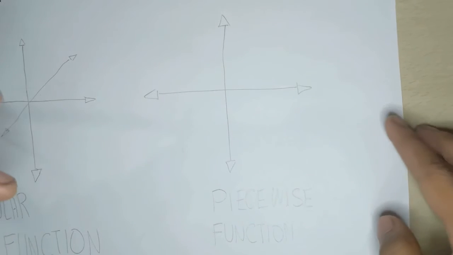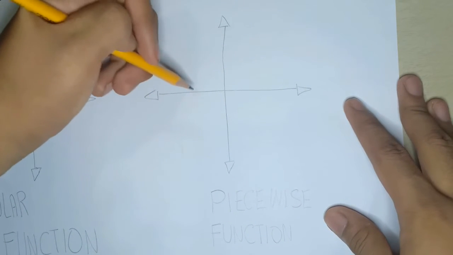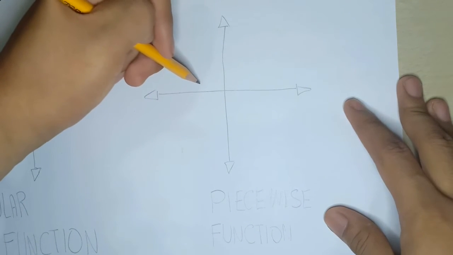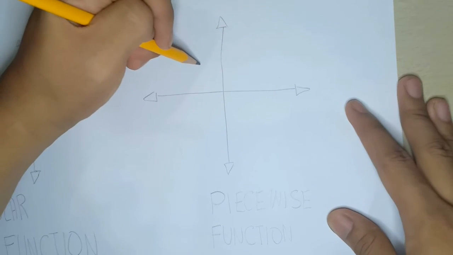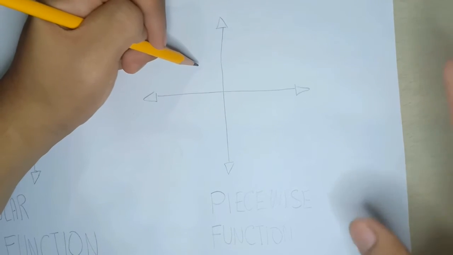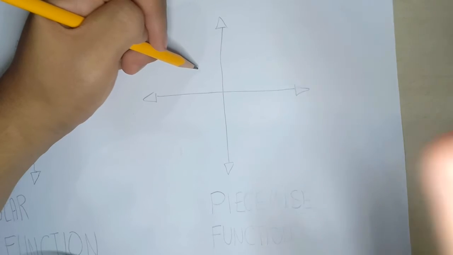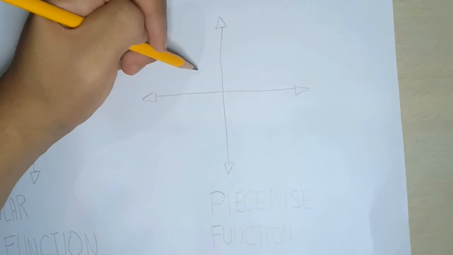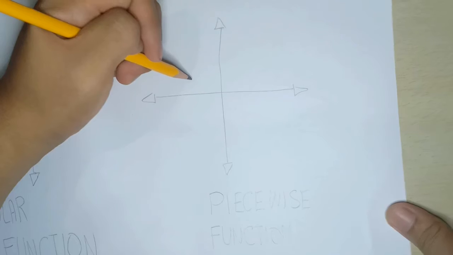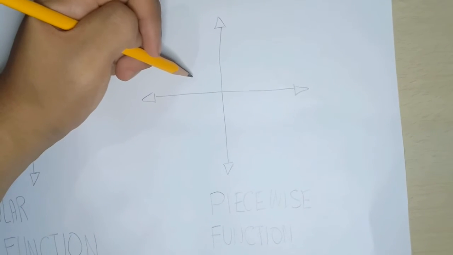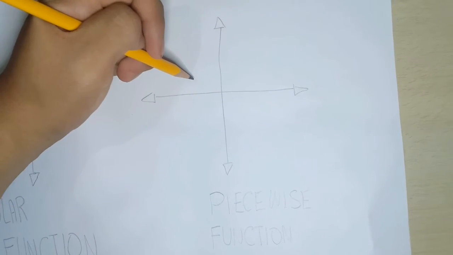But a piecewise function is actually quite different. Since I said that the piecewise function is composed of different subfunctions, meaning that they are divided but combined together they become one, because they are just subfunctions.